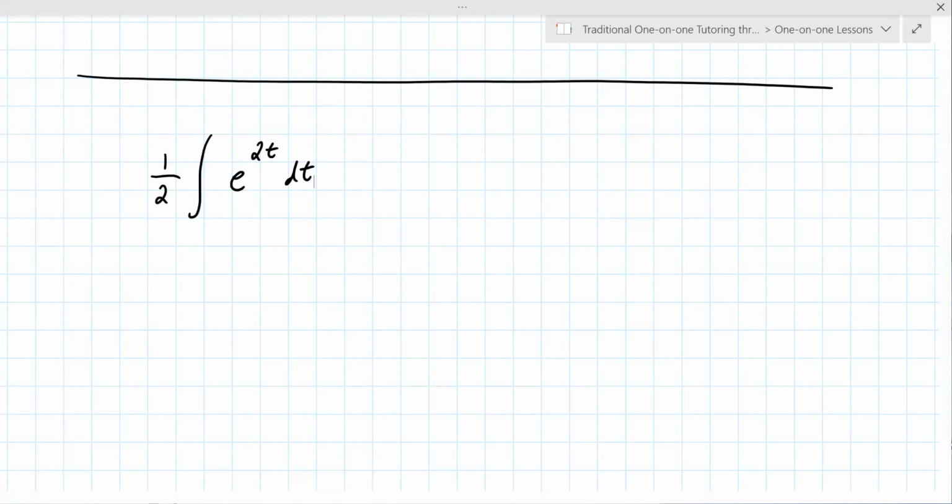So e to the 2t over 2 times 1/2, e to the 2t over 4 plus c. Yeah, so it ends up being over 4 plus c. Yeah, good.